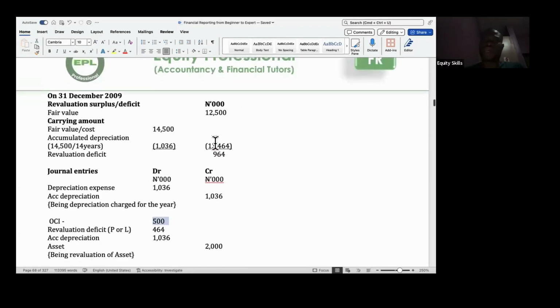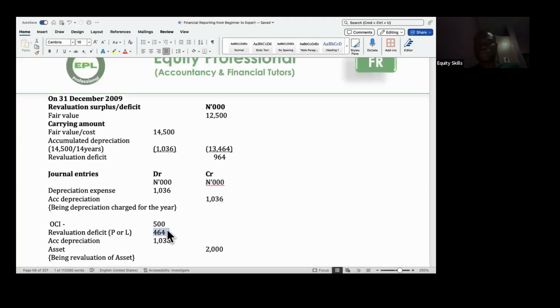So out of these 964 deficits, 500 needs to net off that surplus first. So remaining 464, that is 964 minus 500, remaining 464. Then that 464 can then go to P&L normally. And that's why this is coming here. So, Jamie, did I answer your question?